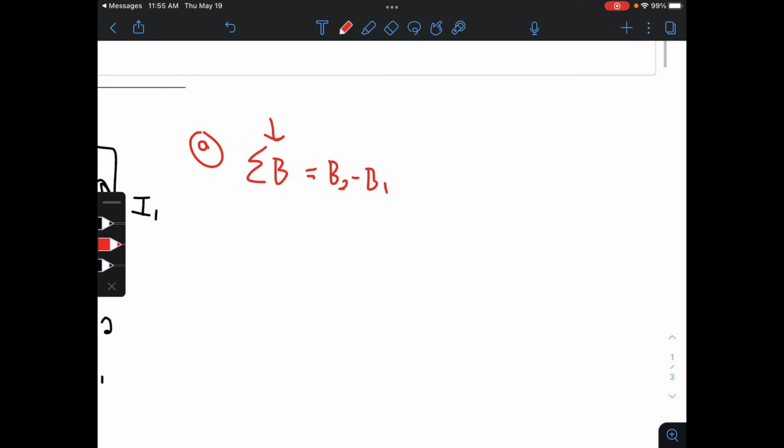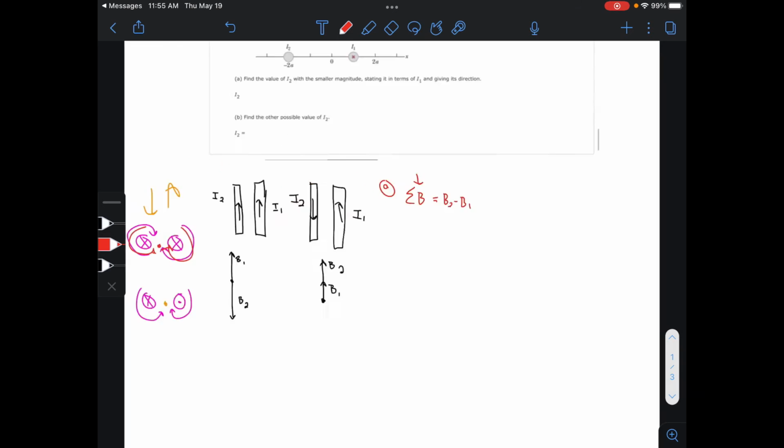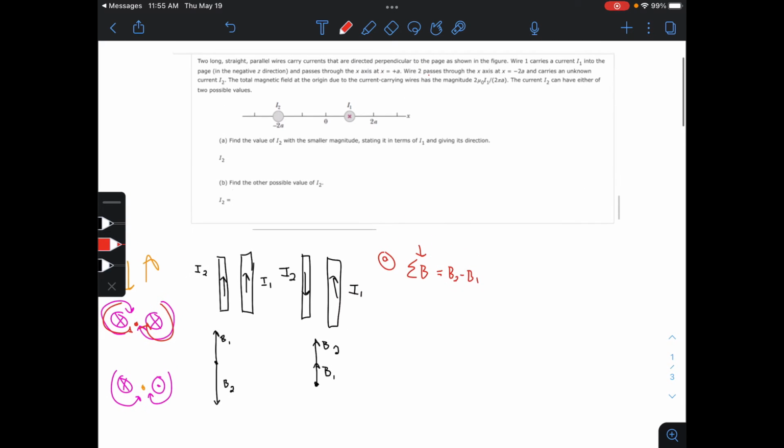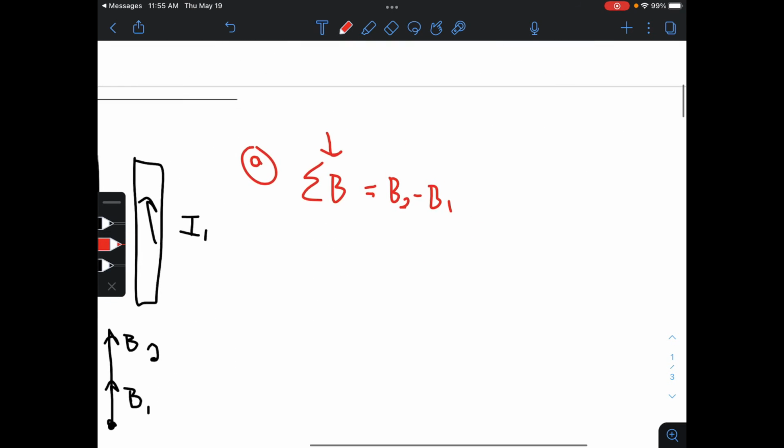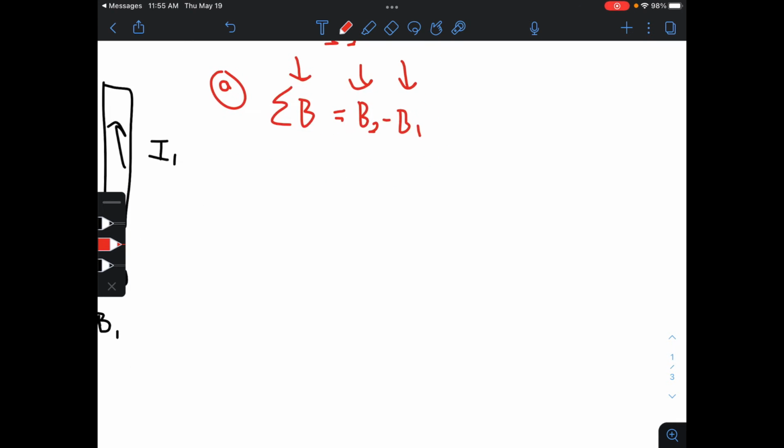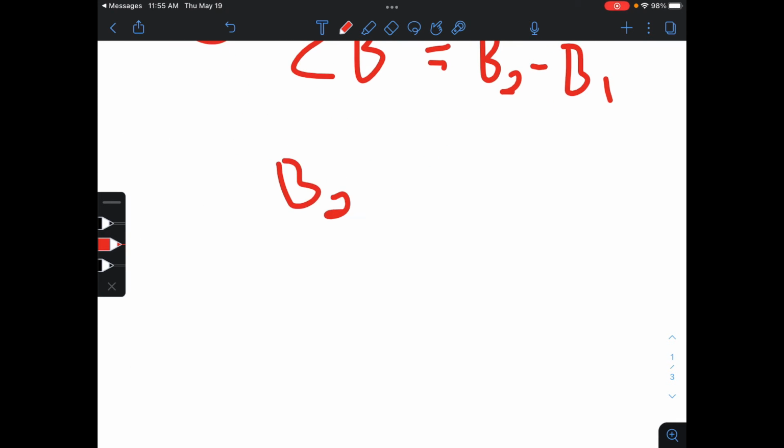We have a value for our total field, and we have a value for B1, and the currents attached to them are both I1. Now for B2, the current attached is I2, so we're going to solve for I2. B2 is equal to the total B plus B1.